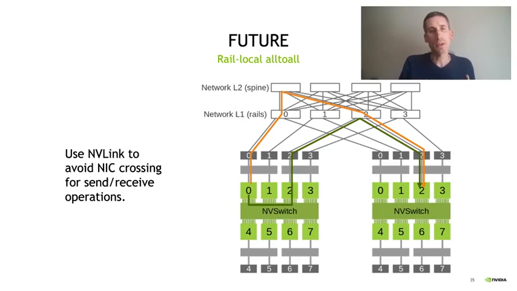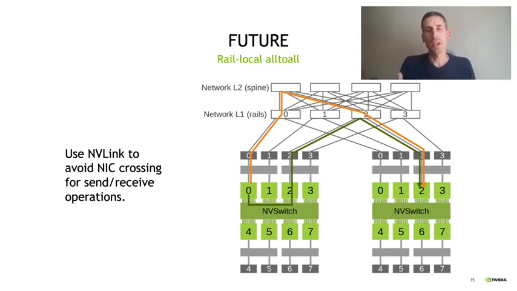And so to avoid that problem, we have the solution to use NVLink. Similarly to what we did for the intranode communication on the cube mesh, we can do something similar here. First, move the data through NVLink to a GPU that is close to the NIC that is the same as the destination GPU.